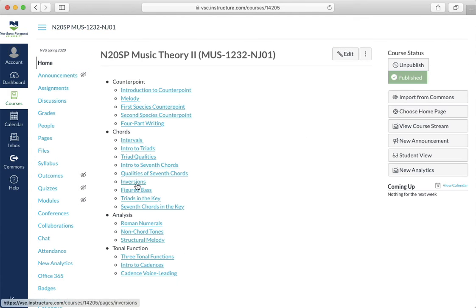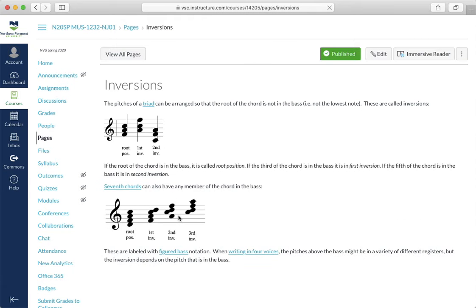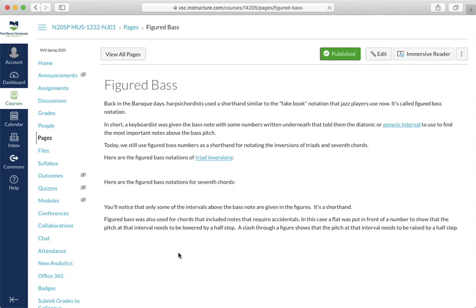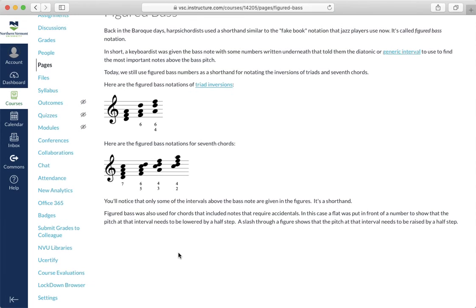There's some discussion of inversions, both of triads and seventh chords, and also the figured bass notation for those.